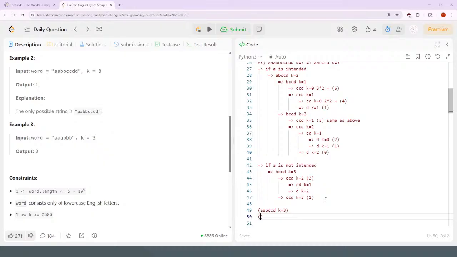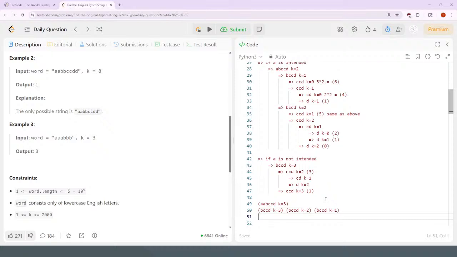That transitions to 3 states, because there are 0, 1, or 2 of the A's intended. If 0 of the A's were intended, that's B, C, C, D, k equals 3. If one of the A's was intended, we transition to B, C, C, D, k equals 2. Or B, C, C, D, k equals 1 if both A's were intended.